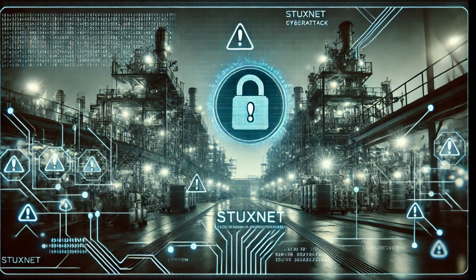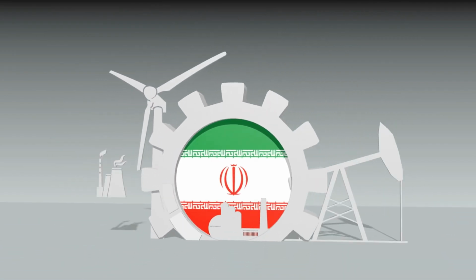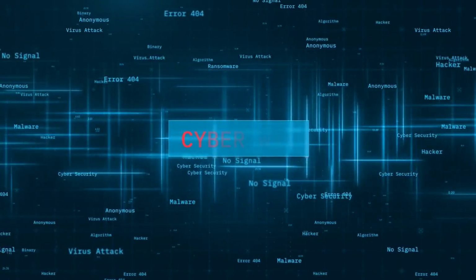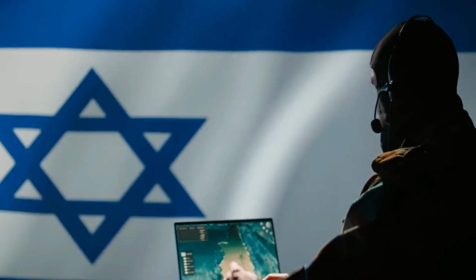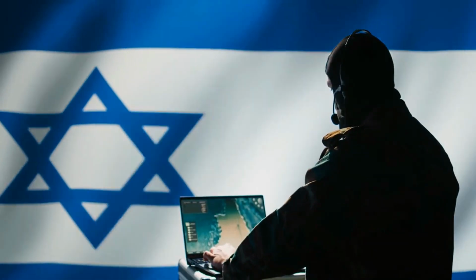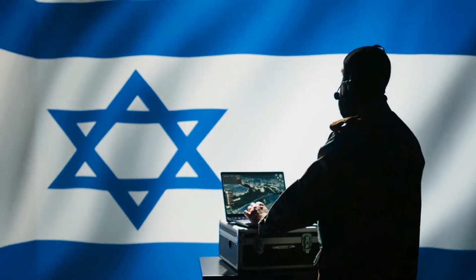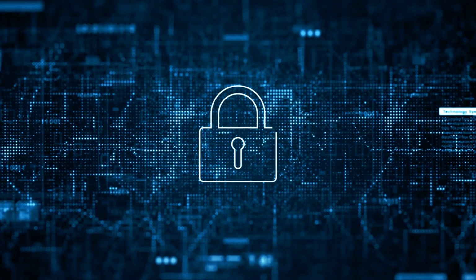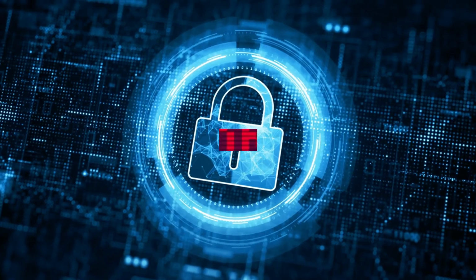The discovery of Stuxnet in 2010, a worm designed to sabotage Iran's nuclear program, showcased how cyber warfare could cause physical damage. Nation-state actors and advanced persistent threats, such as APT-1, began targeting governments, corporations, and critical infrastructure, making cybersecurity a top priority globally.